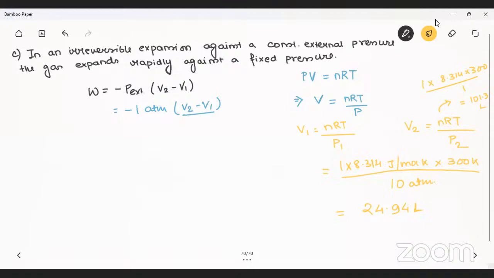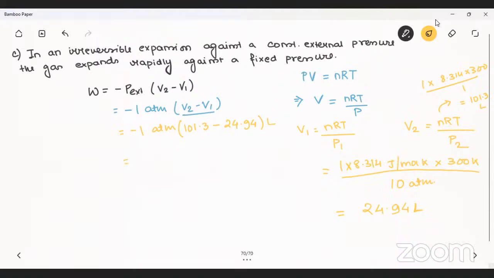So now you know the values of V2 and V1. V2 minus V1 is 101.3 minus 24.94 liters, which you can now calculate.